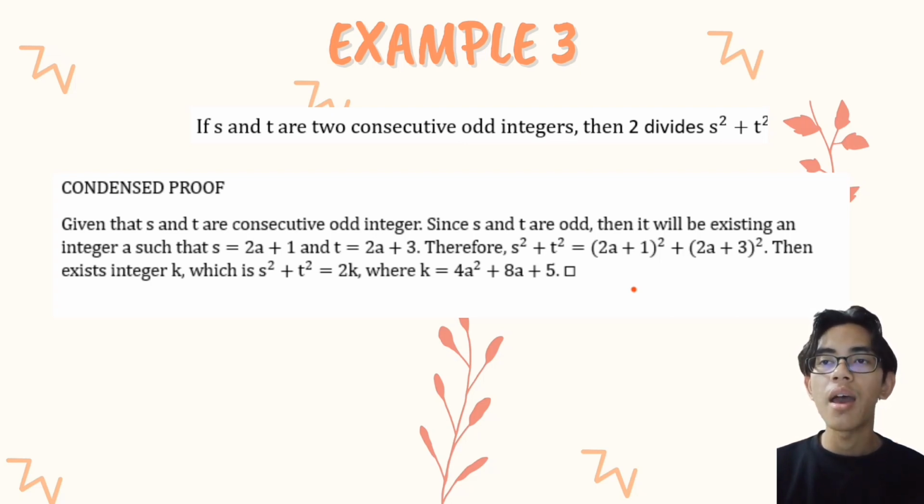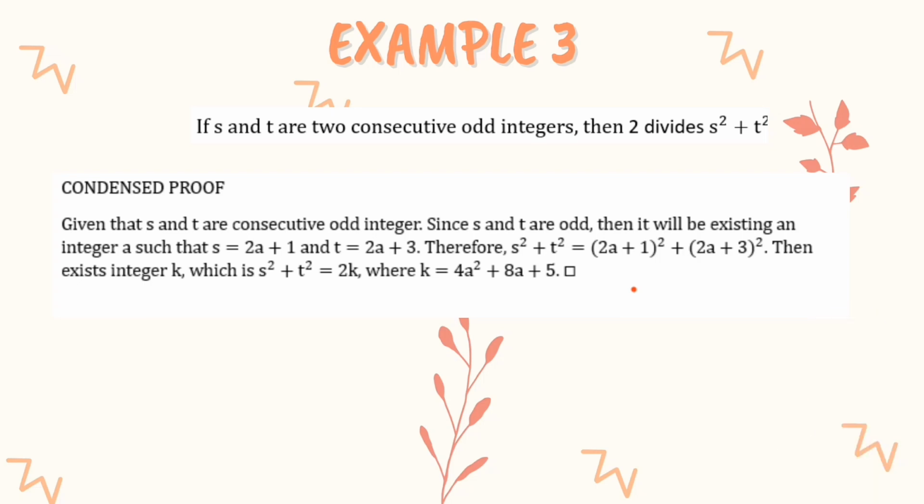Therefore, S squared plus T squared equals (2A plus 1) squared plus (2A plus 3) squared. Then there is an integer K such that S squared plus T squared equals 2K, where K equals 4A squared plus 8A plus 5.